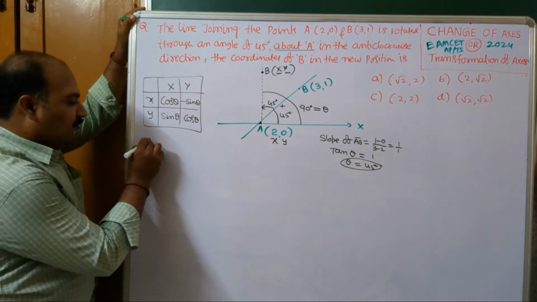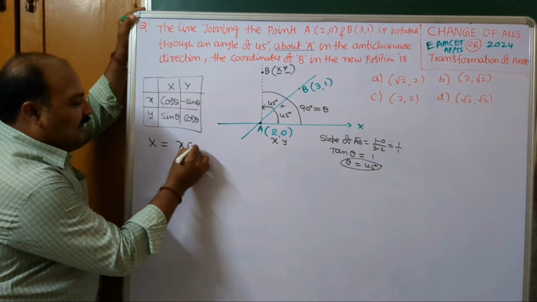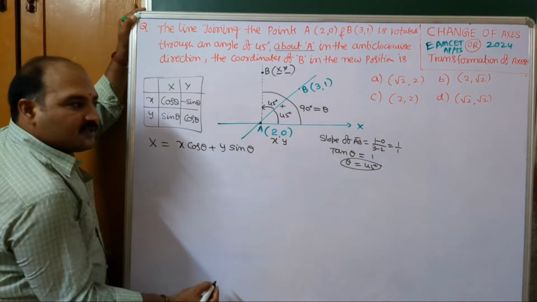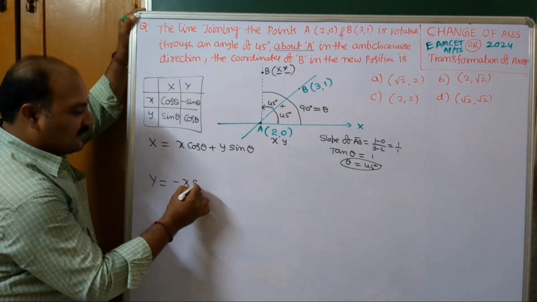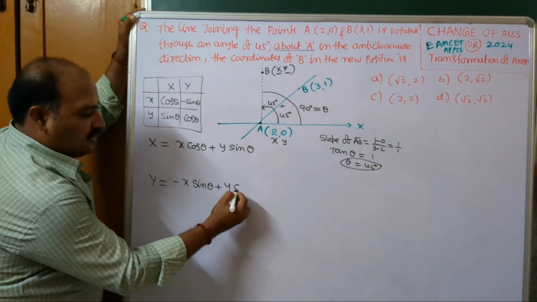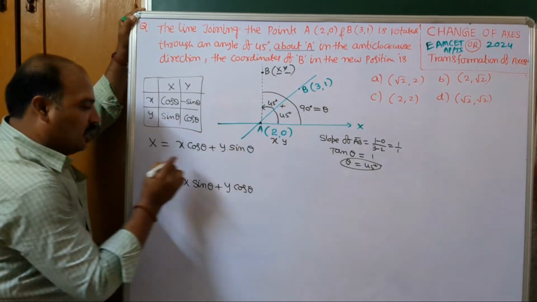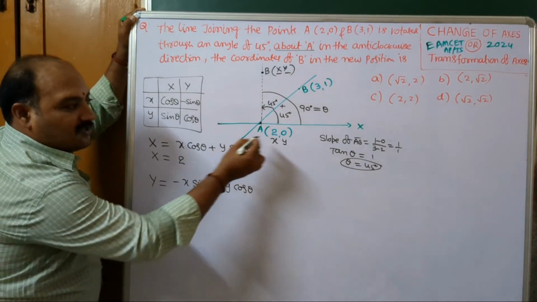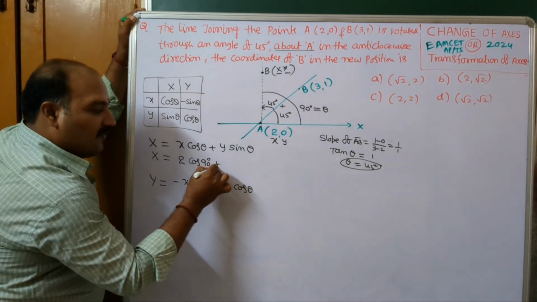From this, capital X is equal to small x cos theta plus small y sin theta. Similarly, capital Y equal to minus x sin theta plus y cos theta. So theta value we know is 90 degrees, small y value also. Capital X equal to small x is 2, cos theta value cos 90, plus y value 0.